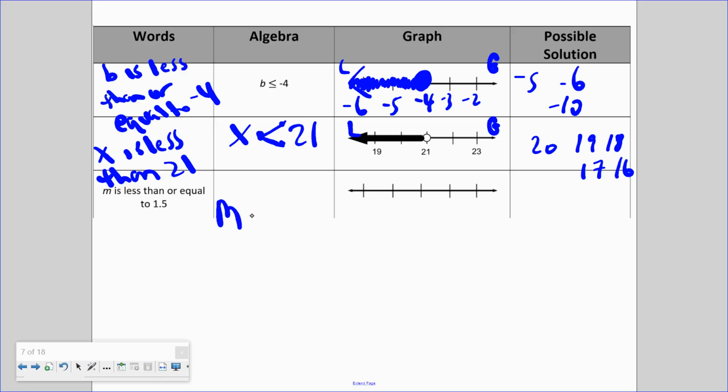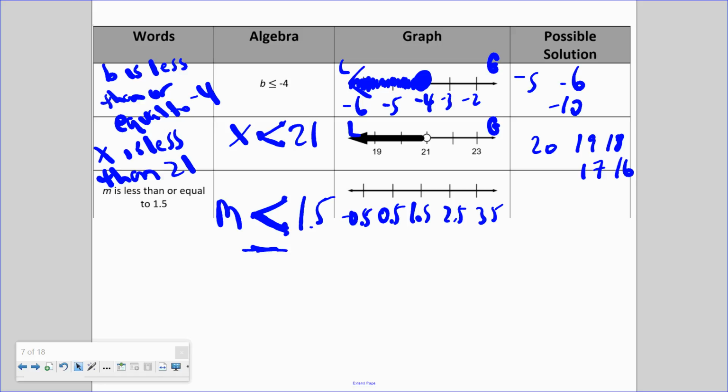M is less than or equal to 1.5, 1 and 5 tenths. So that's my algebra representation. So 1 and 5 tenths, 2 and 5 tenths, 3 and 5 tenths, 0 and 5 tenths, -0 and 5 tenths.